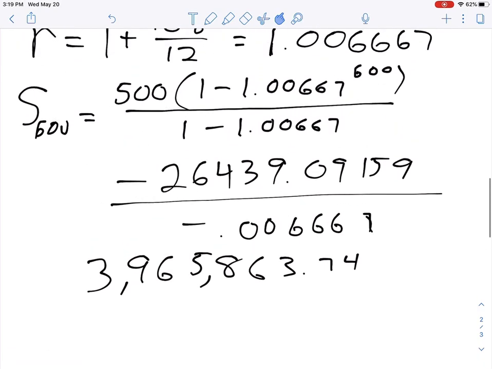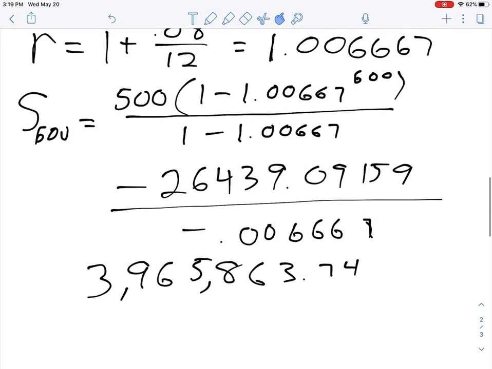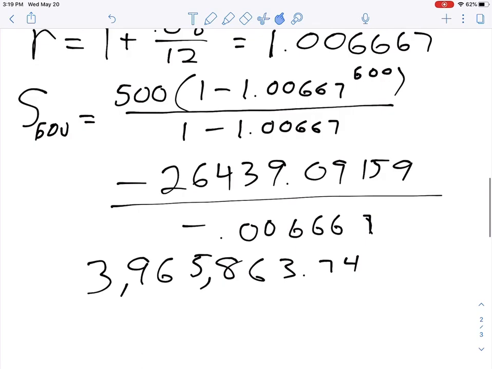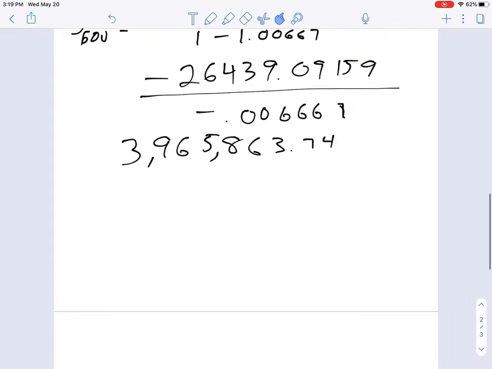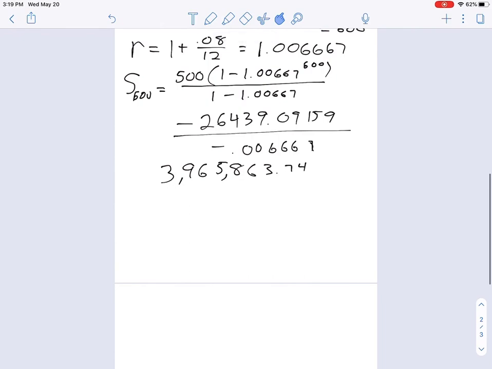Okay, now let's take a look at if I did this at 4%. Okay, so everything's going to stay the same except for this number right here. Okay, my R is going to change. All right, so let's move this up, and I'm going to actually zoom down so I can use some of this.